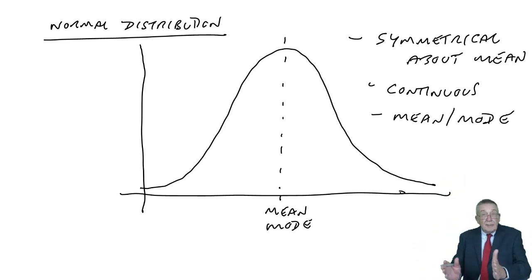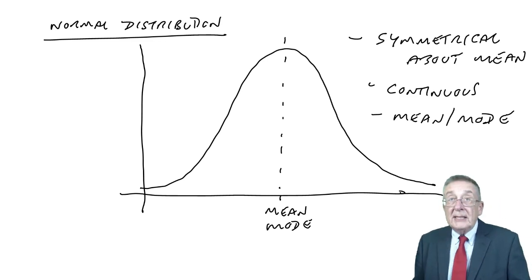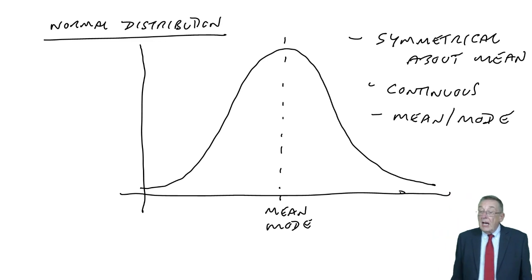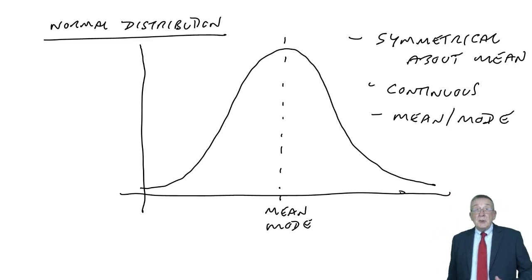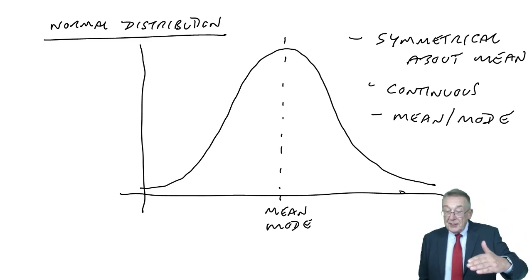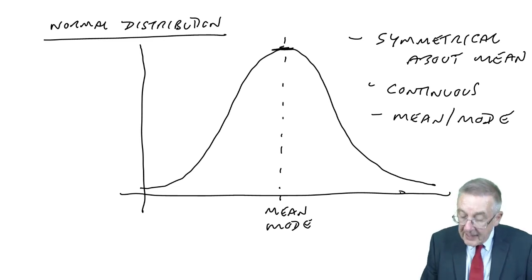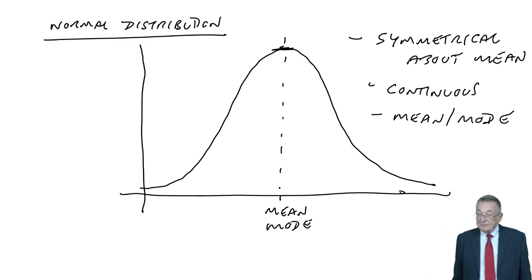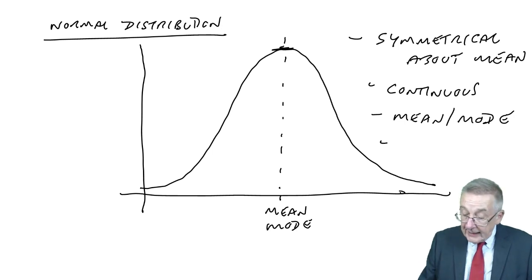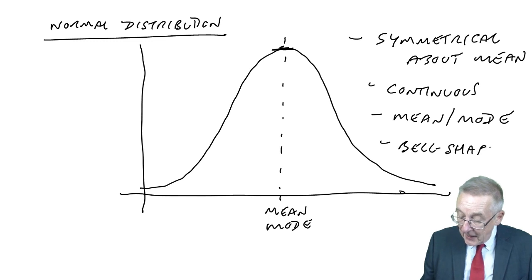The mean is the average, and if it's symmetrical, that's right in the middle. And the mode is the most popular observation. Well, it's the peak, the top, the most popular. We say it's bell-shaped. I hardly need to explain that. It looks like a bell.